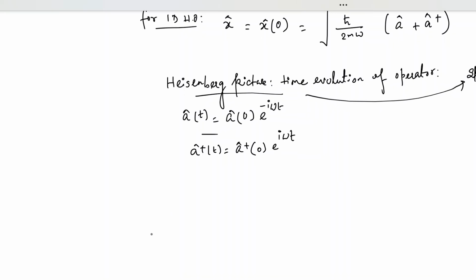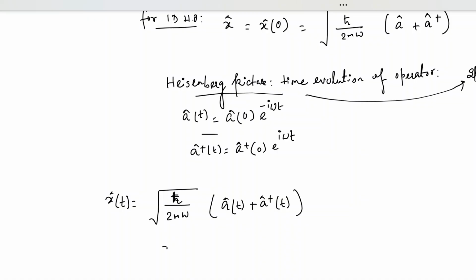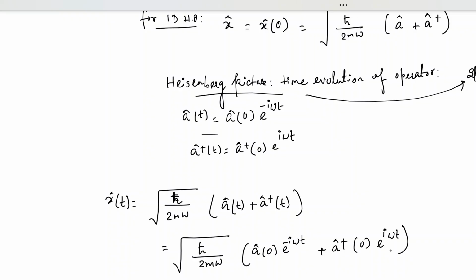So by this method you have x(t) can be written down as root over of h cut by 2m omega times (a + a dagger), equal to root over of h cut by 2m omega times (a0 e to the power of minus i omega t plus a dagger 0 e to the power of plus i omega t).